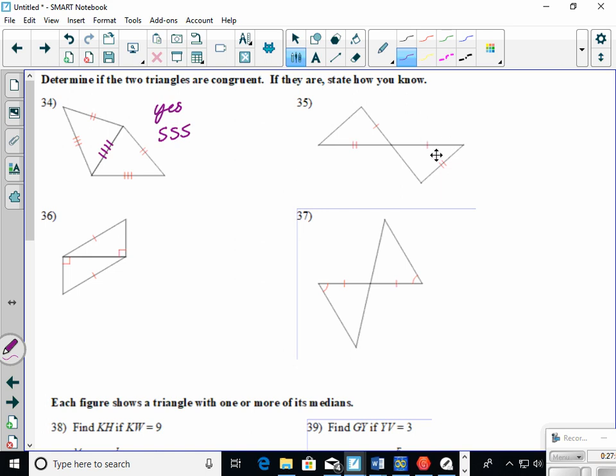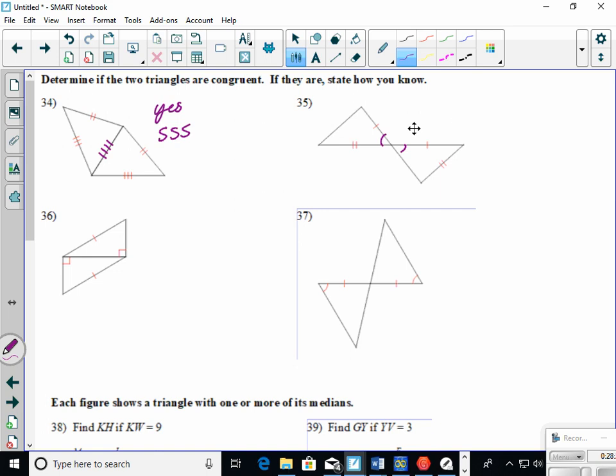We got two sides that are congruent. They intersect here, so we would have a set of congruent angles there, which is all that we can come up with. And so in this case, we got a side, side, and an angle, or an angle and a side and side. Either way, we don't have a congruence postulate that we can use.